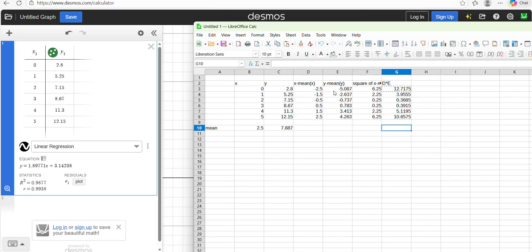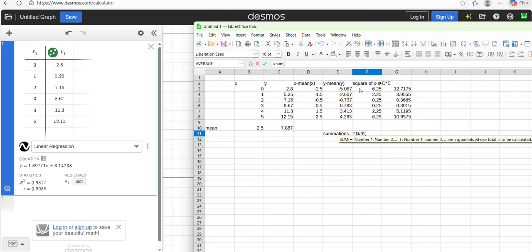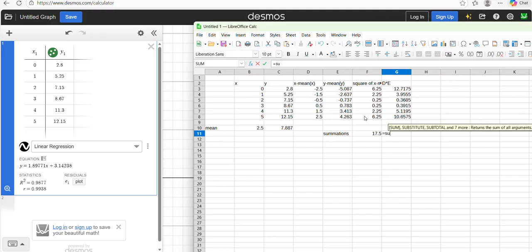So we find the summation. This equals the sum of squared difference of x from its mean. This equals the summation of column G, the difference from xi to its mean times the difference of yi to its mean.